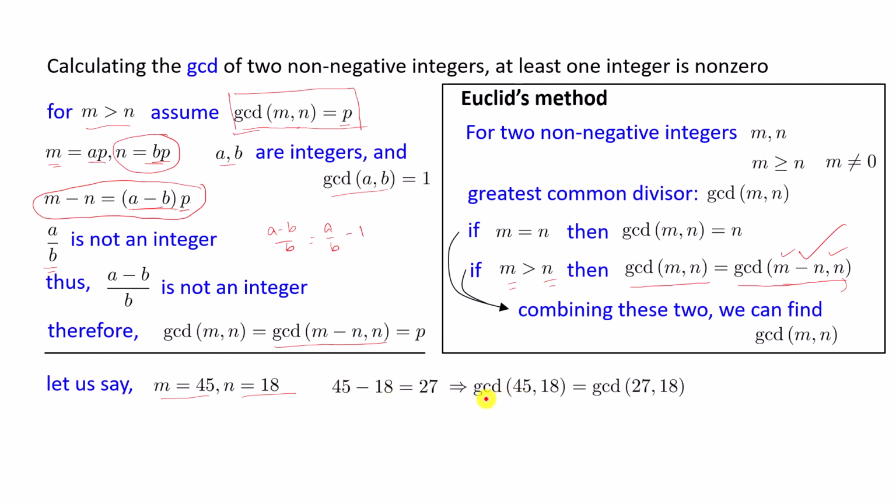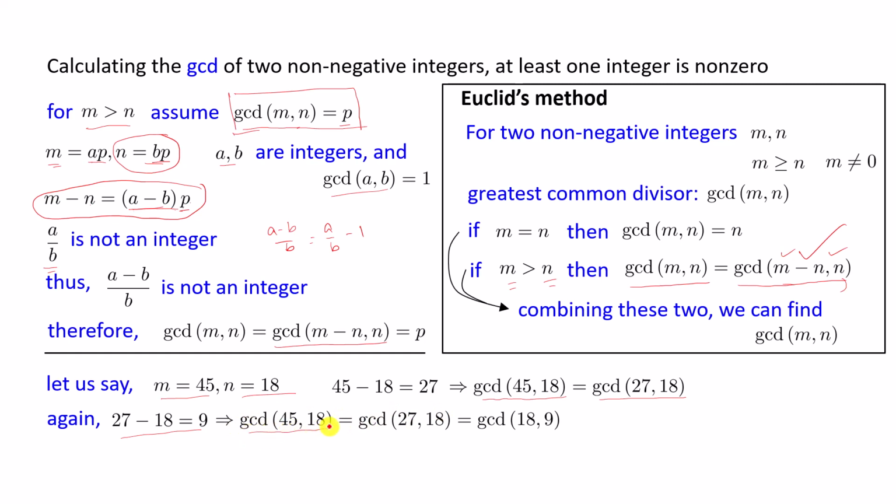Therefore, we can write that, thanks to Euclid, GCD of 45 and 18 is equal to GCD of 27 and 18. Now we follow the same procedure. 27 minus 18 is 9. Therefore, we can write that GCD of 27 and 18 should be the same as GCD of 9 and 18.